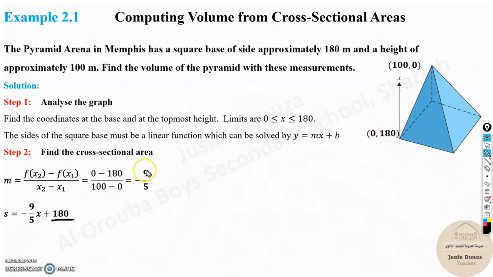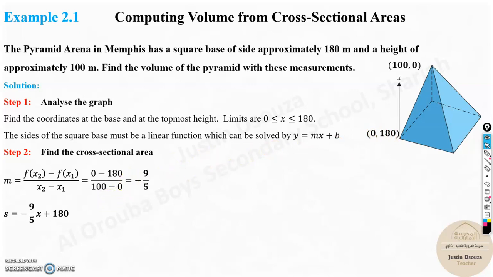Otherwise, you can use test values: substitute y as 0 and x as this point, and then solve it, and you will get the answer. But since you know this is the intercept point, touching the axis, that is 180. Always remember, when the first value is 0, the next value is the y-intercept value.